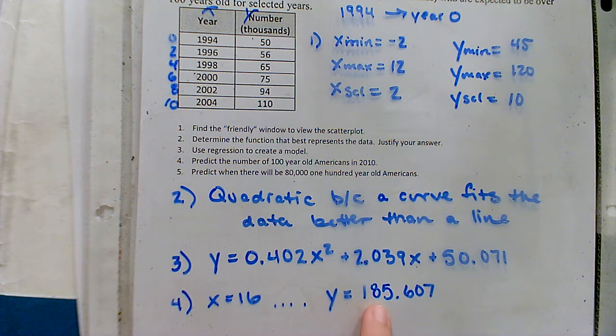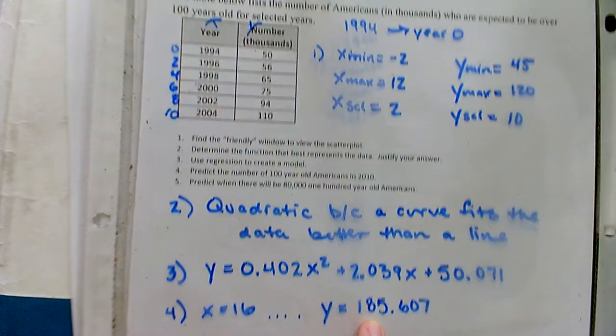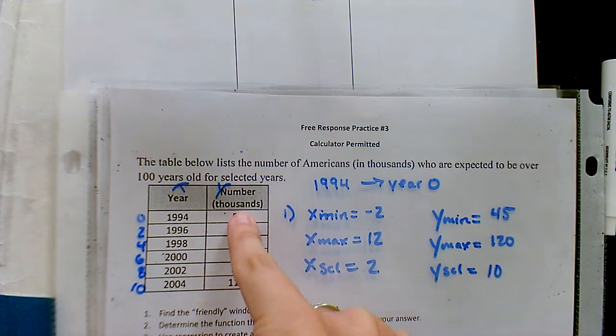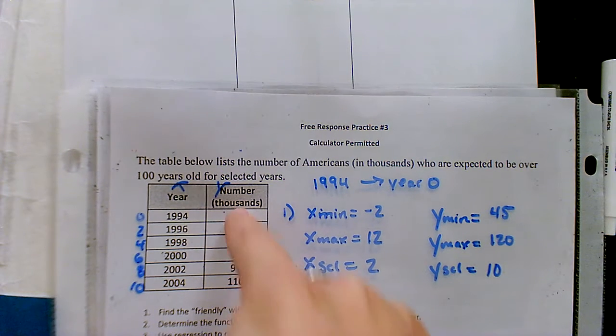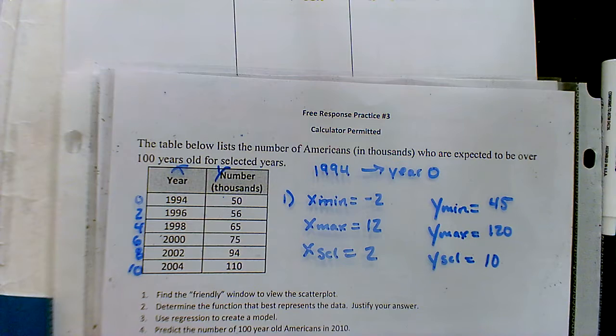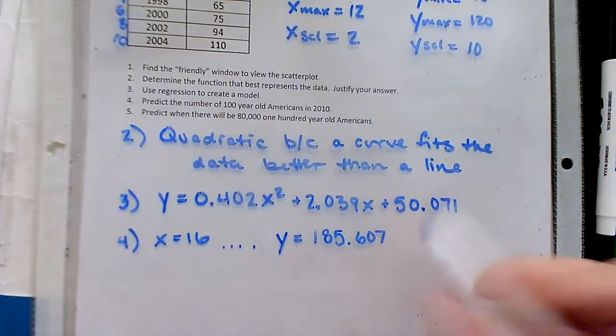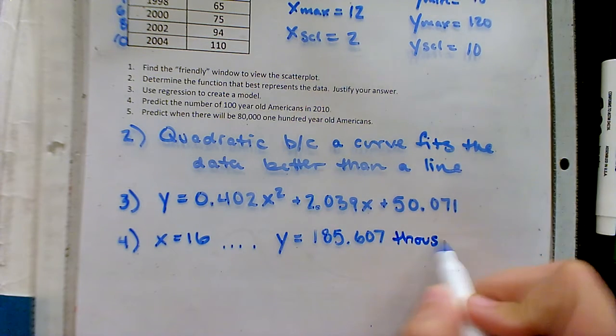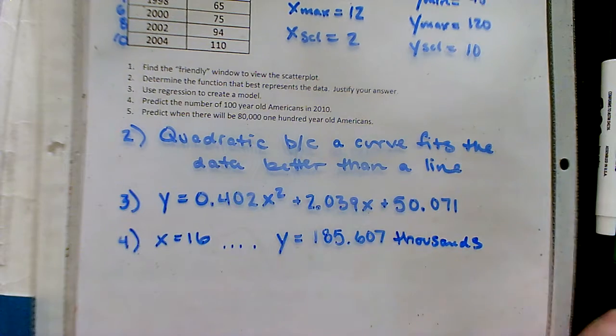Okay, so there's 185 100-year-olds. Thousands. Good. Be careful. You've got to go back to the data table. What do your numbers mean? So it's not just 185 100-year-olds. That's thousands. So we have to make sure we throw in that word afterwards.